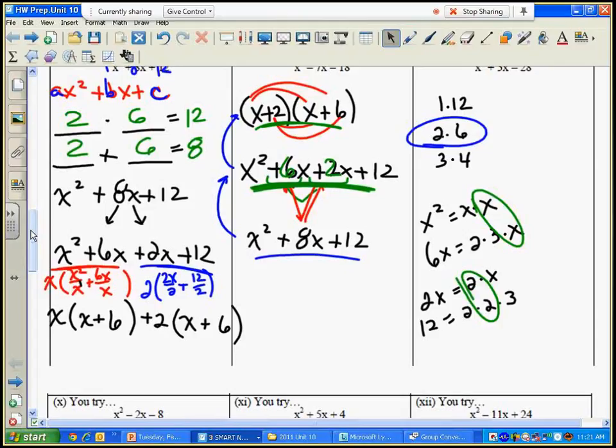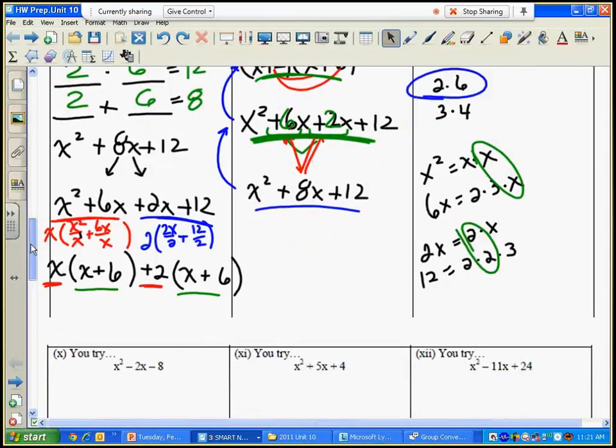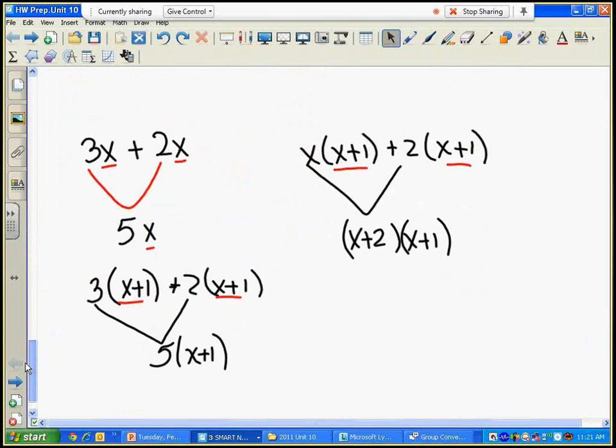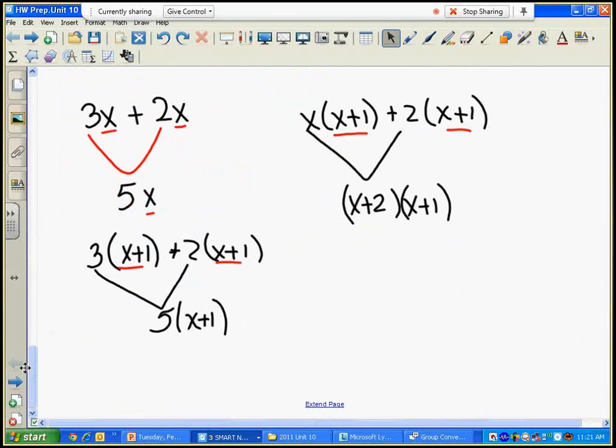Now, what I want you to notice is what's inside the parentheses is the same. This and this are the same. So we could say that here we have x of those, here we have 2 of those. If you think back to our logic thing earlier, when I said we had x of these and 2 of those, therefore we have x plus 2 of those.